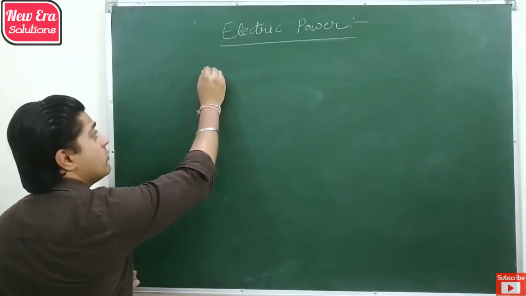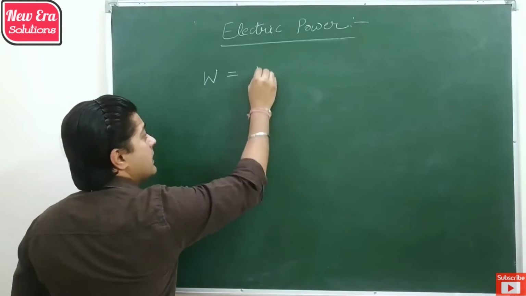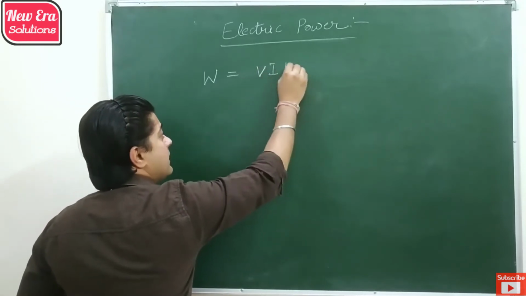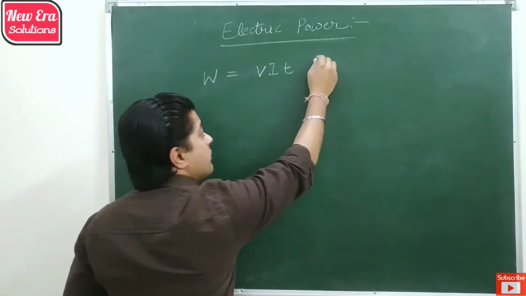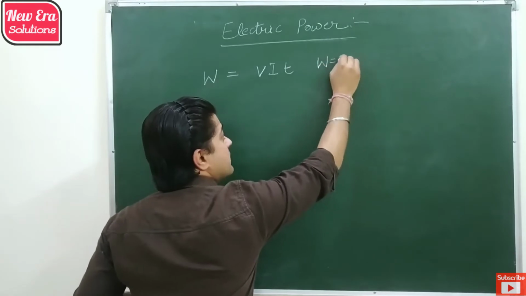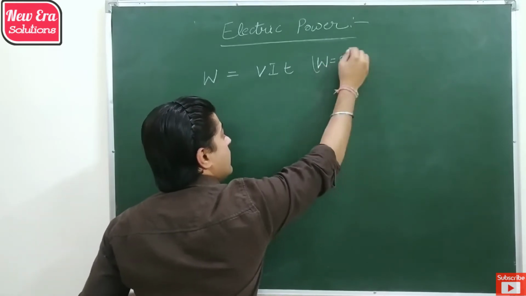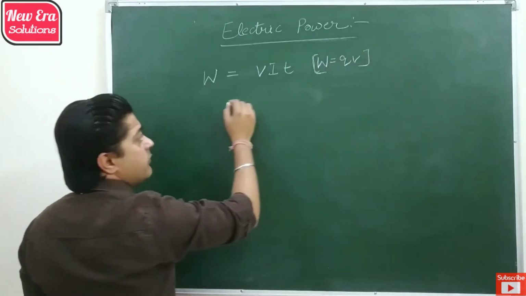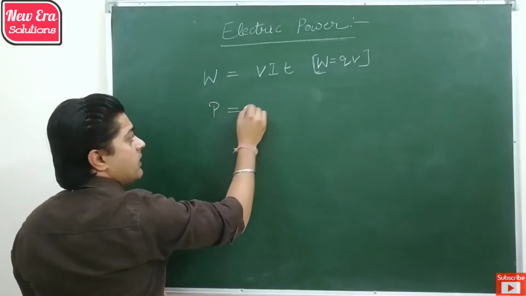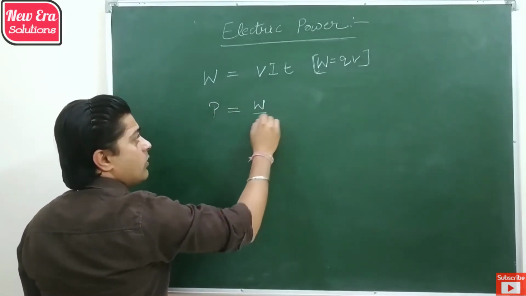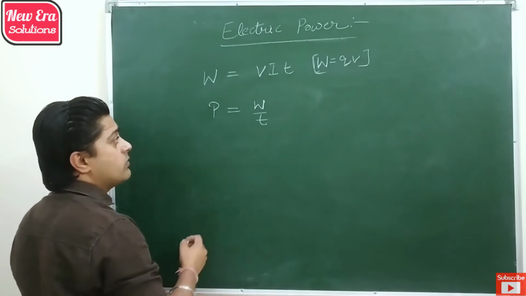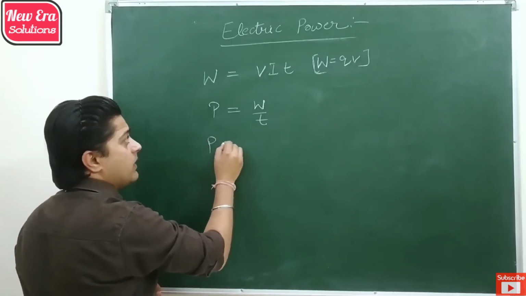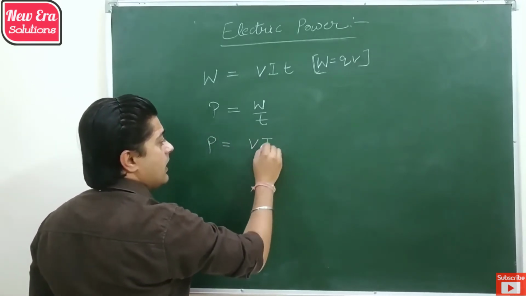So as we know, the work done is VIT, which we get from the formula work done is equal to charge into potential. Then from the definition of electric power, which is the rate of work done, P is equal to W by T. So electric power is VI.